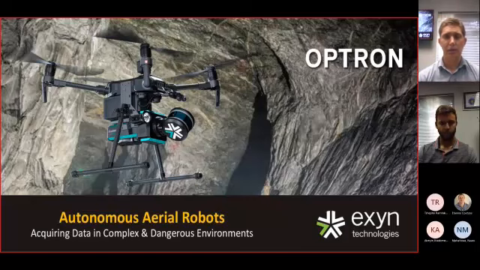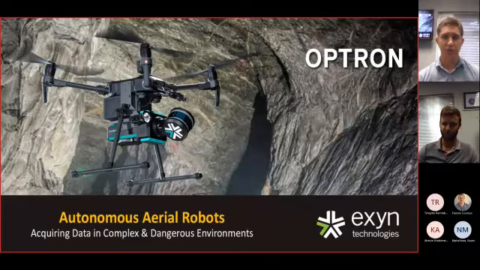Then we're going to move over to how you actually do a flight mission, showing you how to do the data capturing process in a simulator, and then also how to get your data georeferenced. We'll also cover the deliverables that you can expect to get out of the system, and then show you some success stories. So guys, I'm going to now hand over to Joel, and we're going to be running through the presentation. And once again, please feel free to ask any questions if you have any.